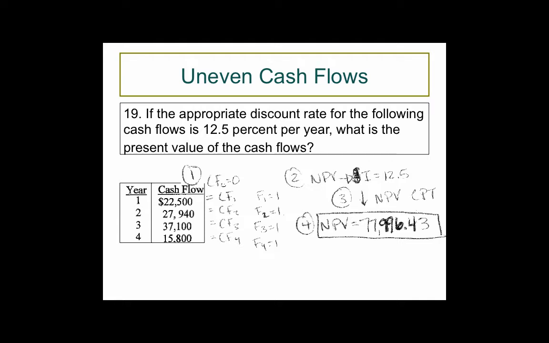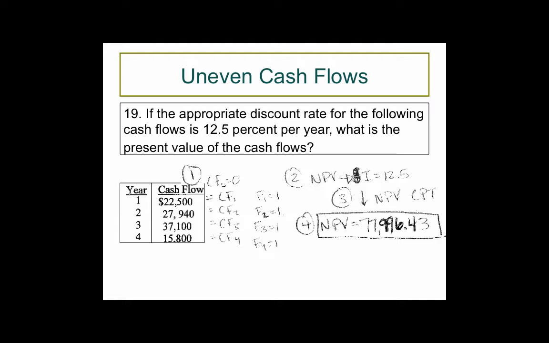So the first thing you'd want to do is hit the cash flow button, and you're going to hit second clear to clear everything out, and then cash flow 0 is obviously 0, so you go past that. Then you're going to put in each one of these cash flows. So the first one would be 22,500. Hit enter, hit your down arrow. They're changing from one year to the next, so we're not really messing with the frequencies much.